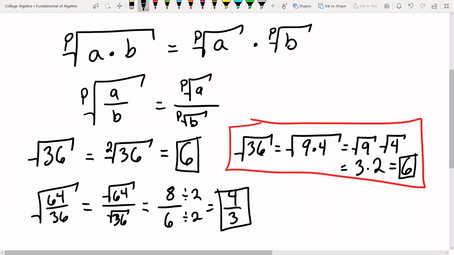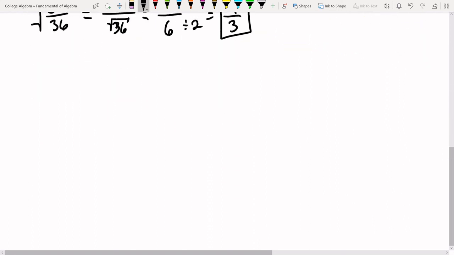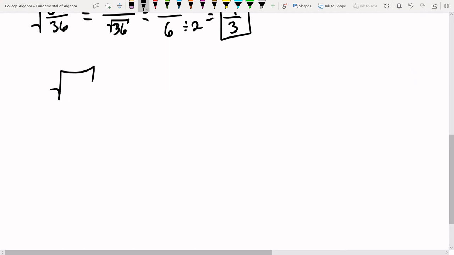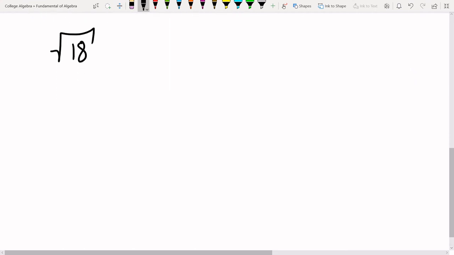Now, using these rules here, we can start to simplify some expressions. Consider the square root of 18. You may ask, what is there to simplify?